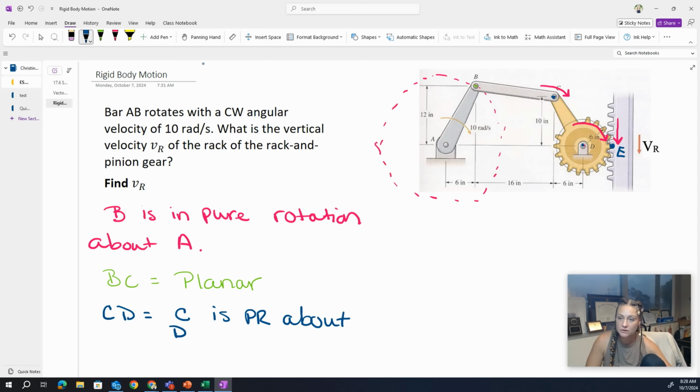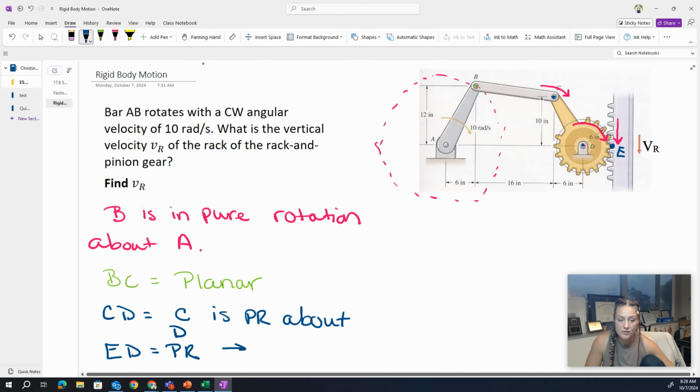So there will be a connection point here, and if we look at E relative to the rack, it will be in pure translation. If we look at it relative to D, it will be in pure rotation. So ED is pure rotation. But ER, because this is a rack, so we'll say that's R, is in pure translation. Okay, so that's what we're looking at.